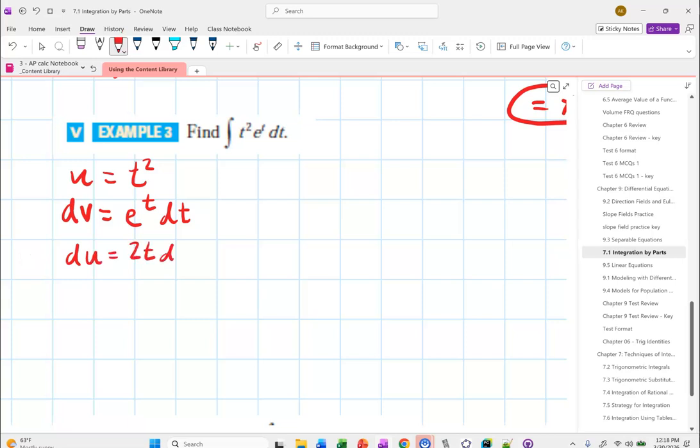So du would just be 2t dt, and v will just be e to the t. I cut out some work there as this is our third example. Is that okay with me cutting some of that trivial, simple derivative and integration stuff? Okay.